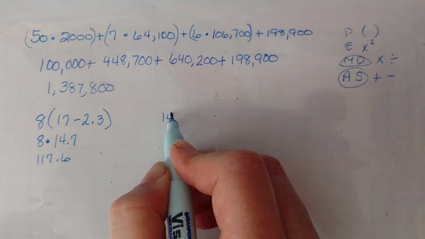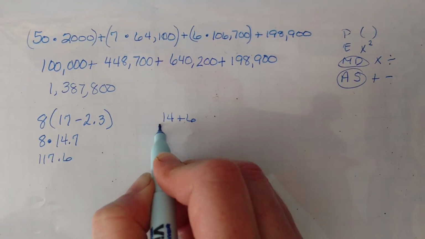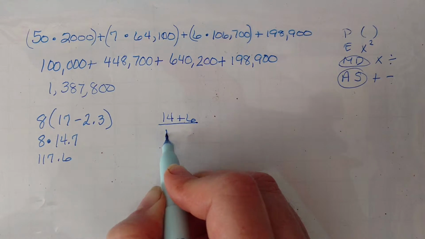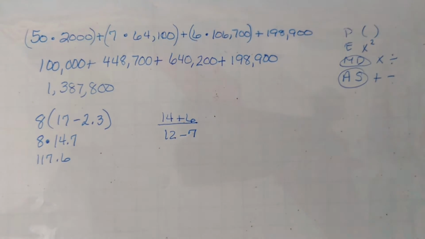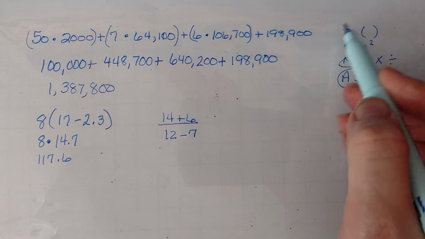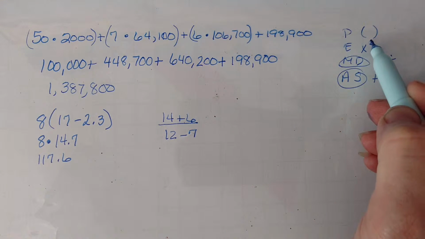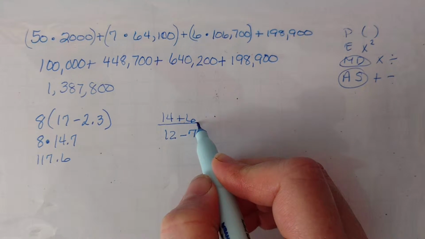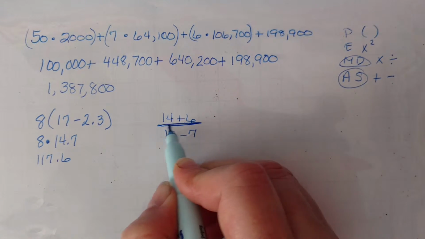Okay, let's look at another example. In this one, we have 14 plus 6 all over 12 minus 7. Using order of operations again, I'm looking for parentheses, but remember, parentheses are not just parentheses. They are grouping symbols of any kind. This division bar is a grouping symbol.